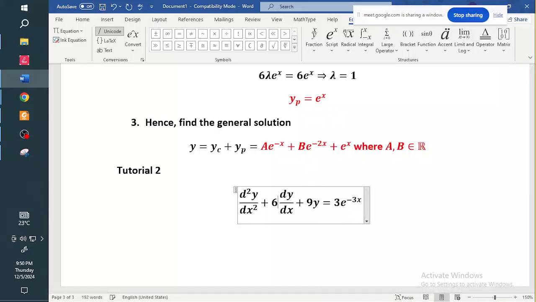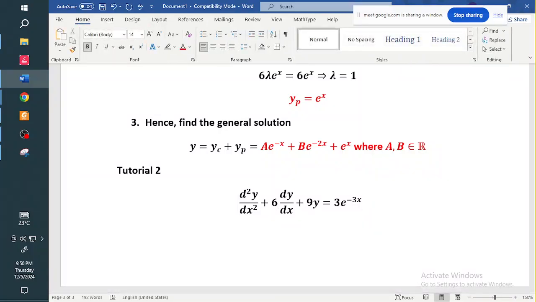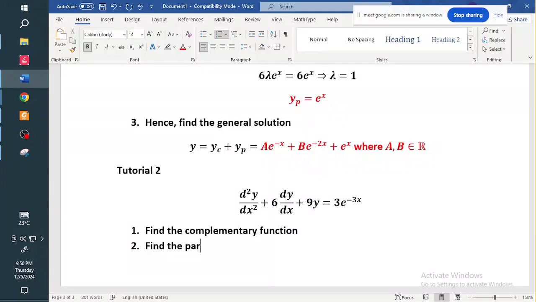Yes. So let's look at this case. One, find a complementary function. Secondly, find a particular integral. And thirdly, find a general solution.